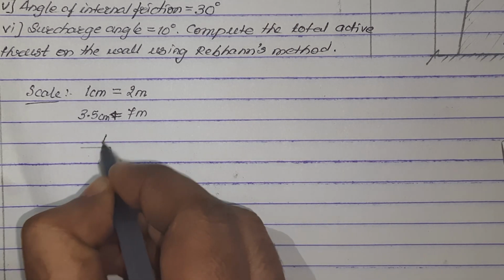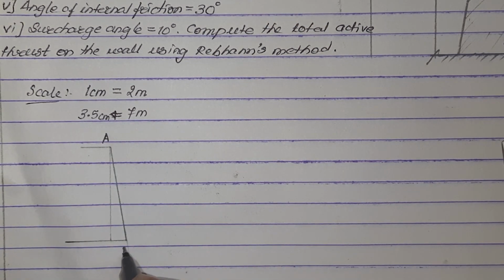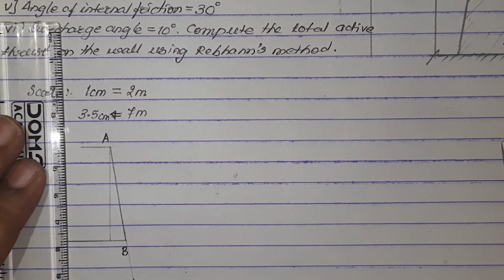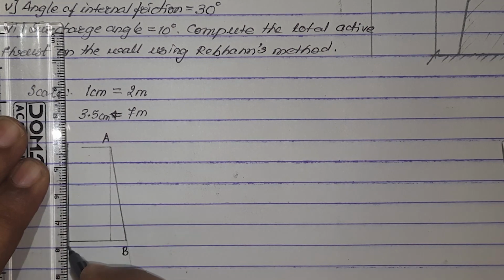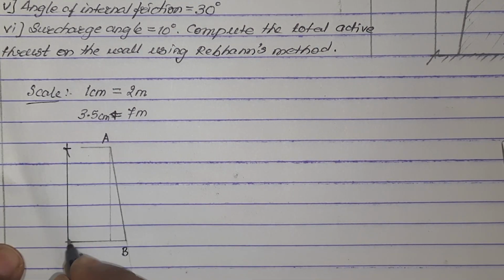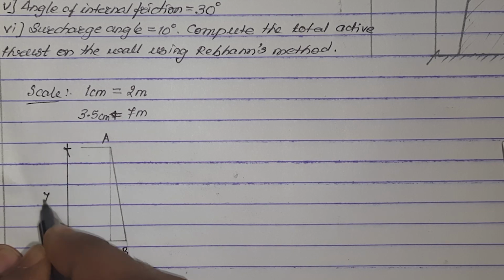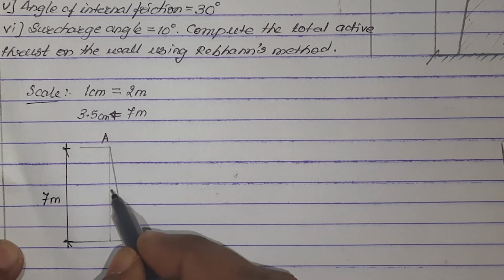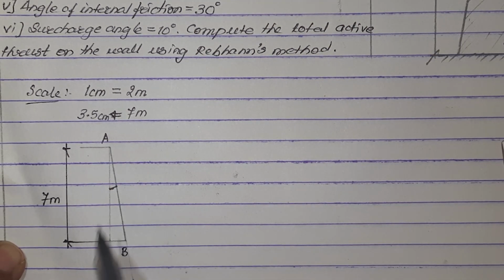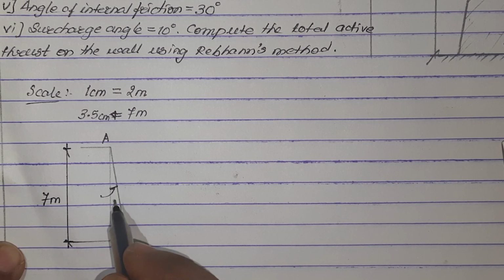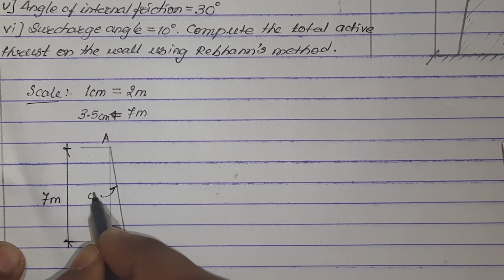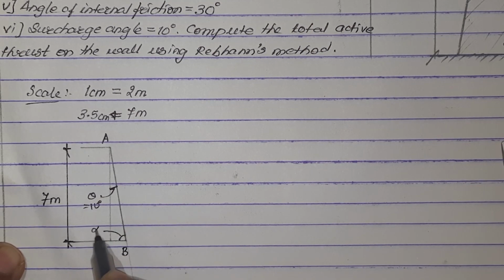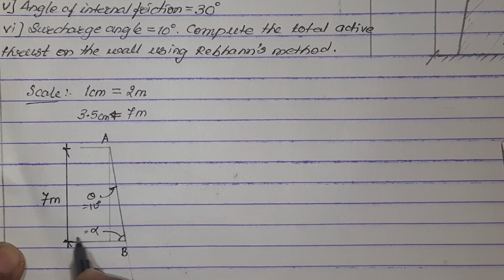This is point A, and this is point B. Height of the wall, this height, it is 7 meter. Now show the angle, this angle. How much is this angle? This angle is theta, that is batter angle, 10 degrees. This angle is alpha, which is 80 degrees.